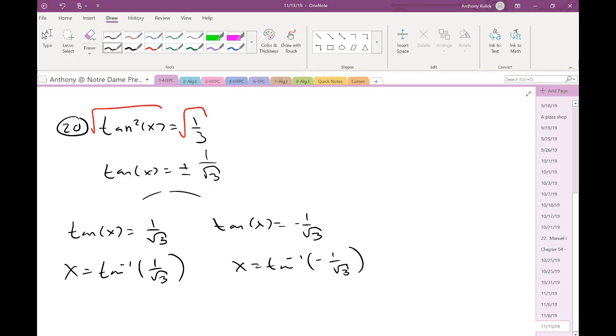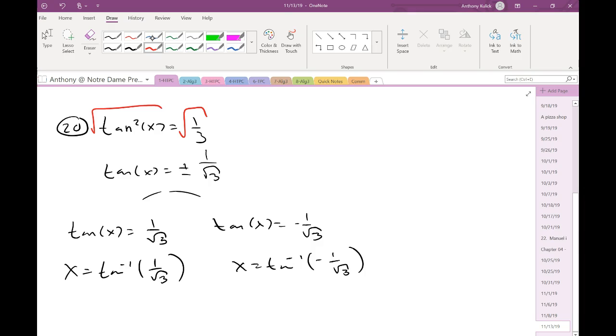Okay. So now I'm going to go to my unit circle and find the places where tangent is equal to 1 over the square root of 3 and where it's equal to negative 1 over the square root of 3. I'm looking for a place where, remember, tangent is y over x. So I'm looking for some place where I have a square root of 3 in the x part, because I need that to be in the denominator.